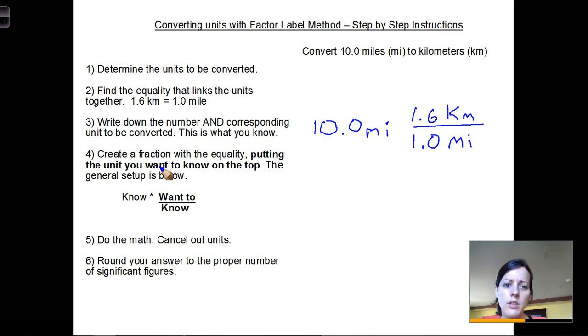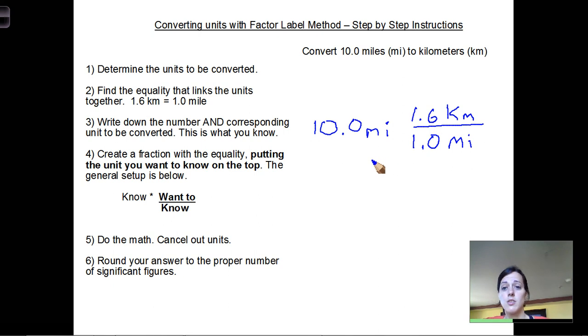And over here in the instructions we have a little nifty setup, if you will, and it's all about the units. So the units that you know go out front. In this case, that's miles. The units that you want, kilometers, go on the top, and the units that you know, once again, go on the bottom. So know, want, over, know.